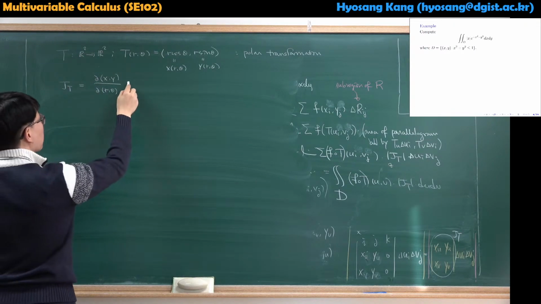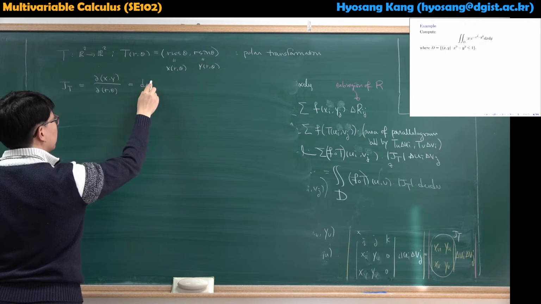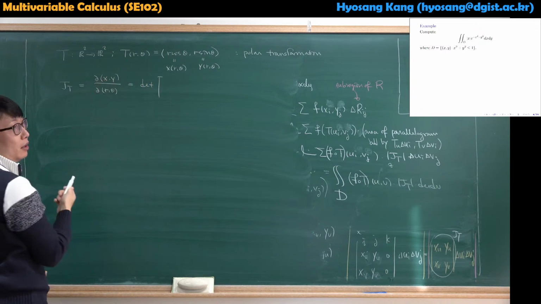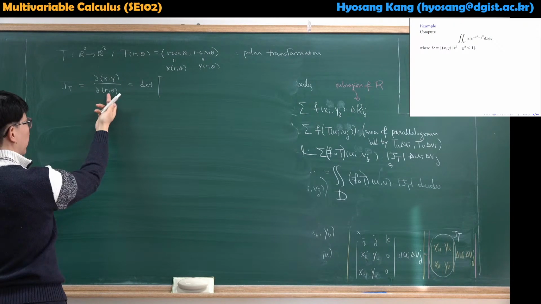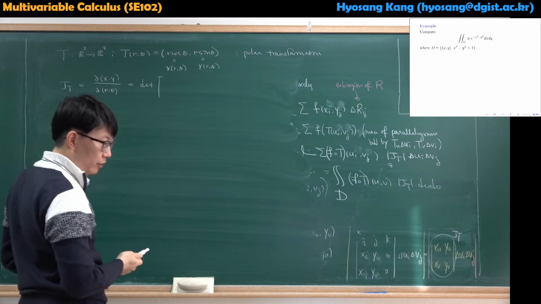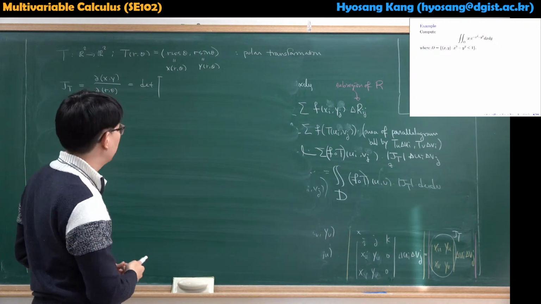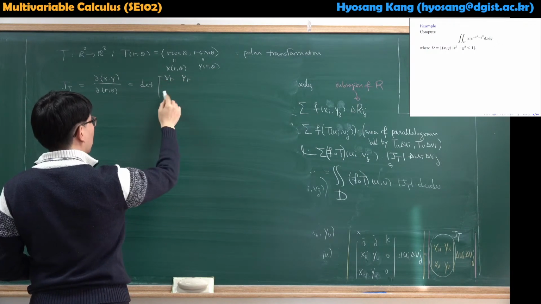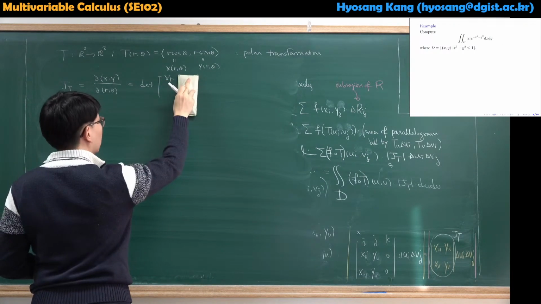And this is the determinant of the matrix. The function in the numerator is the one you take the derivative of, and the variable in the denominator is the variable you take the partial derivative with respect to. So we have x_r and y_r.